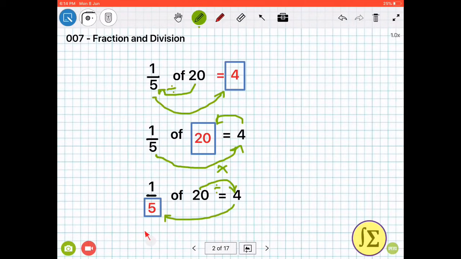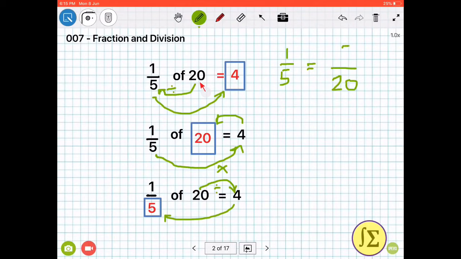Okay, 5. So if it's difficult for you to remember whether it's multiply or divide, which number you multiply and which number you divide, the easiest way will be to use equivalent fractions. So 1 over 5 for the first one, we have the fraction, and we have the total, which forms the denominator.